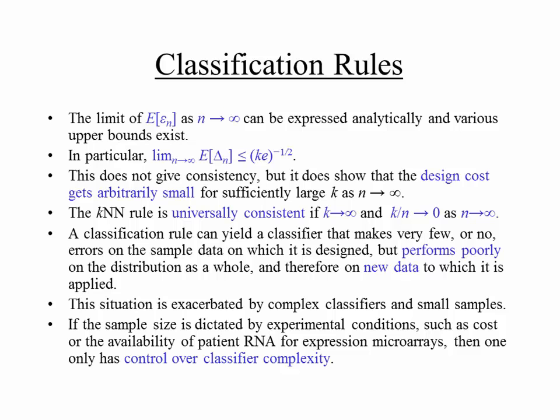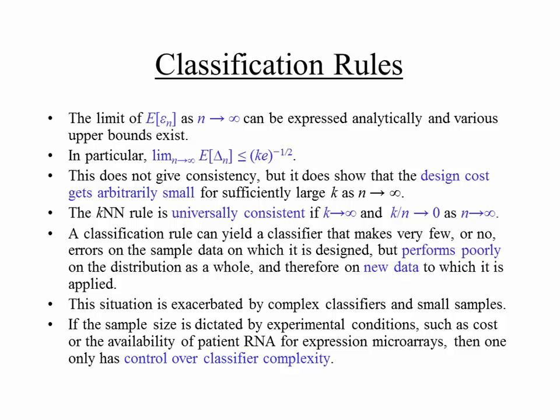Now, if you're using a classification rule, you might use a particular sample to learn it, but the real test is how it does on new samples that it has not seen before. If you are designing based on small samples, your classification rule might overfit the existing data to the point that it does poorly on any new samples from the same feature label distribution. So that's a problem.